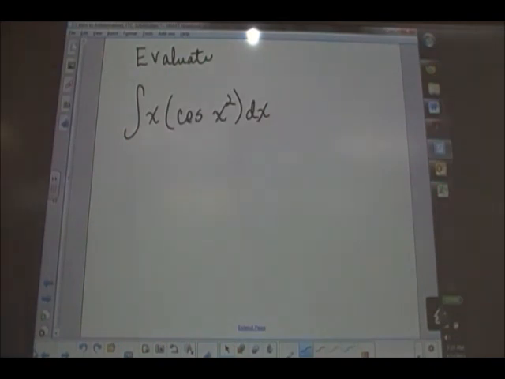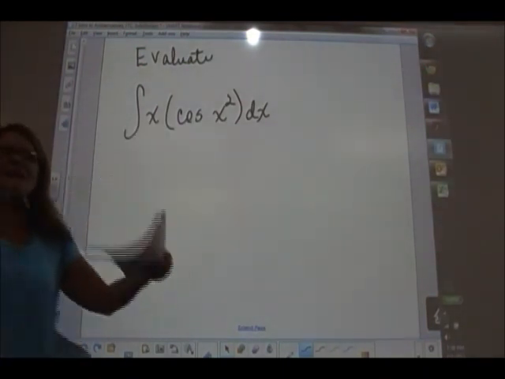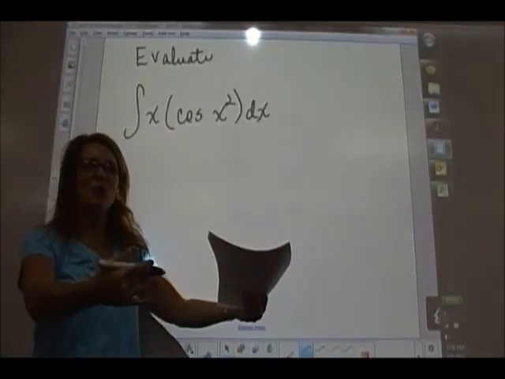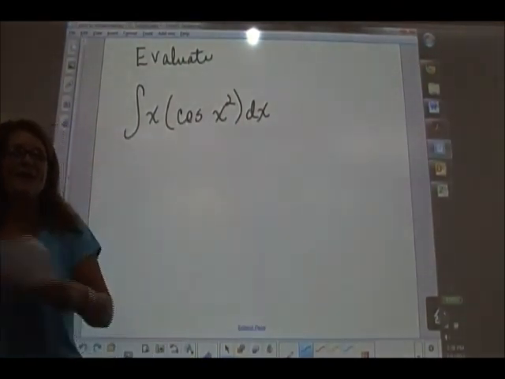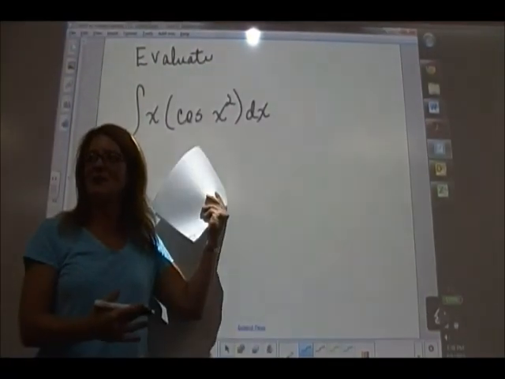Are you asleep back there? I don't know, I thought that was f of x of cosine x. Oh, yeah. What would y'all like u to be? x squared. Why are you picking x squared? Because then that x right there. Ah, so you're already thinking about taking the derivative of x squared, that the derivative would have an x in it, and maybe that would cancel with that x.